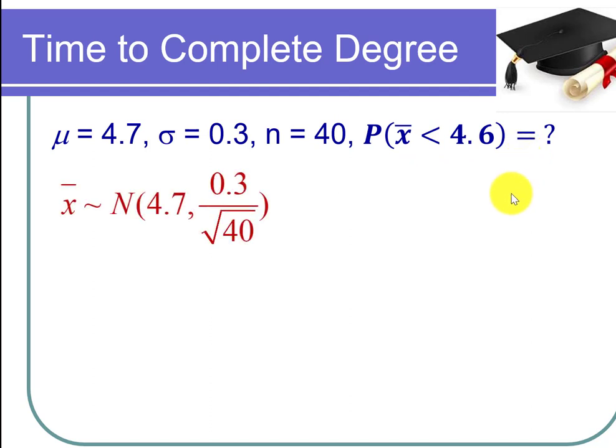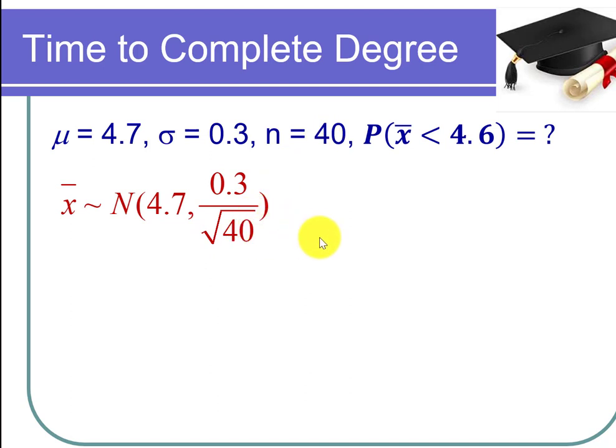So in particular, the central limit theorem says that x bar is normally distributed, with mean equal to the population mean, which is 4.7, and standard deviation equal to the population standard deviation, which is 0.3, divided by the square root of n, and n is 40.